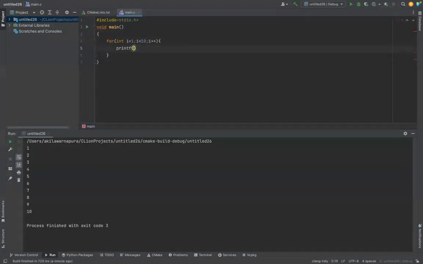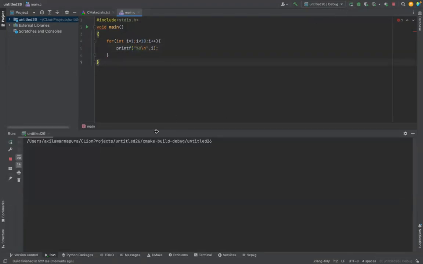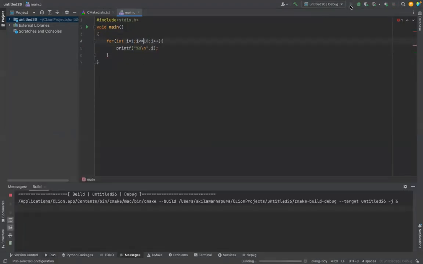Printf percentage d slash n, and here you provide the i variable. Now when you run this program, it prints from 1 to 9 because it is less than 10. Let's say less than or equal 10.